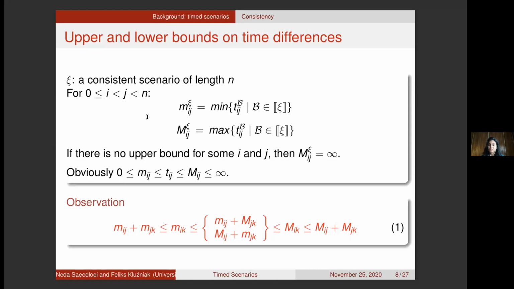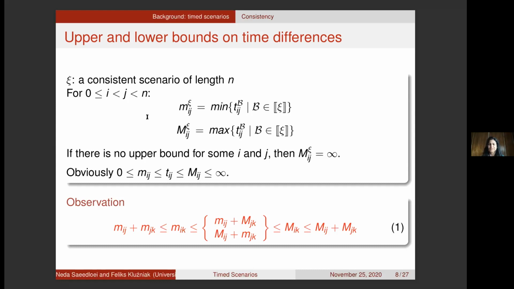And then we take the minimum of such time differences and call it min ij. Similarly, if we consider the time distances between event i and j in such behaviors and take the maximum of them, we call it max ij. And obviously, the time distance between every event i and j must be within min ij and max ij.